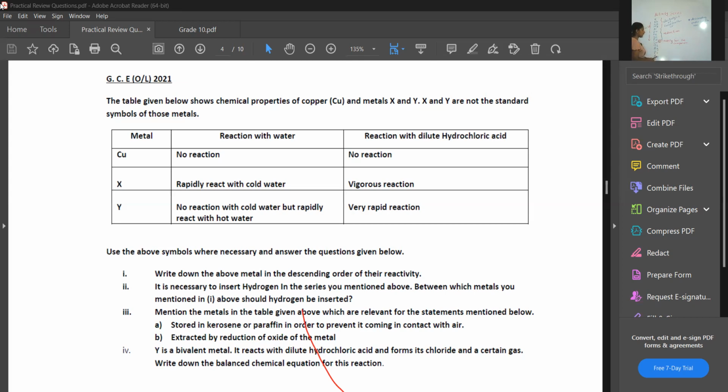And the metals at the bottom of the activity series, according to this series, their reactivity is very low. So normally they exist as pure metals.